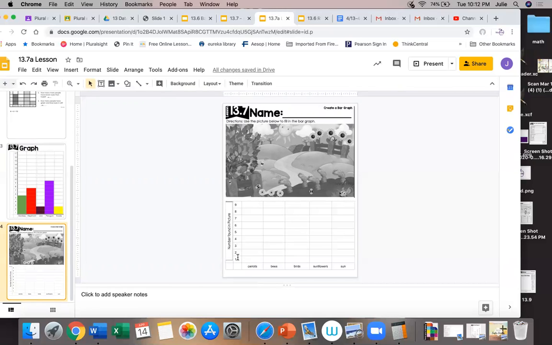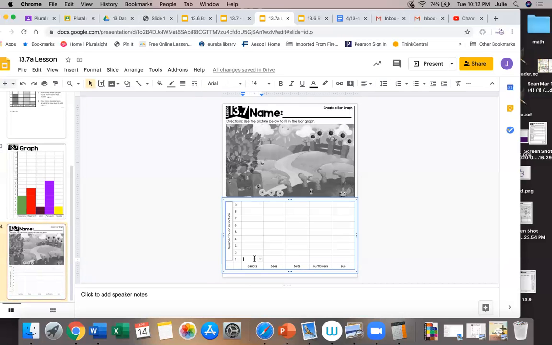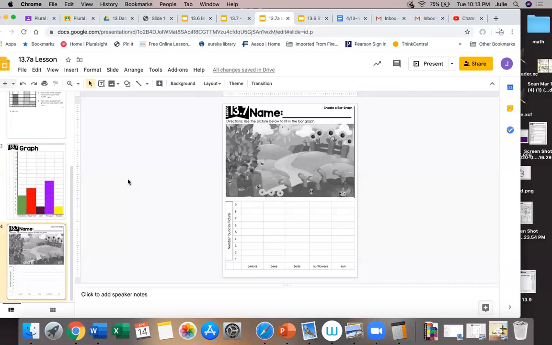Notice my scale is 1 again. So it's going to be carrots. It's a 1 to 1. 1, 2, 3, 4, 5. If I click on carrots, I'm going to hold down my shift key and go 1, 2, 3, 4, 5. And then come over here and use my fill box. Okay? That is what you're doing today for your homework.